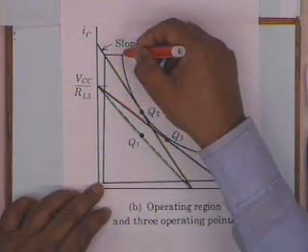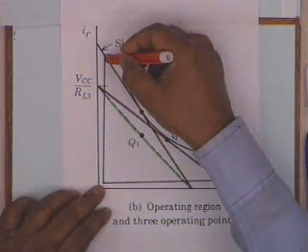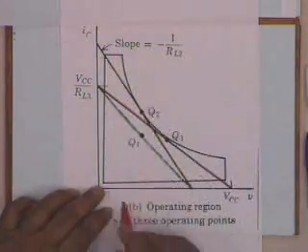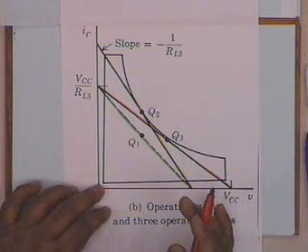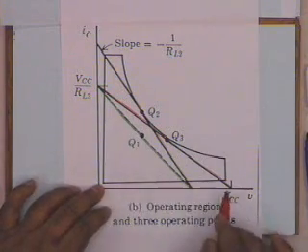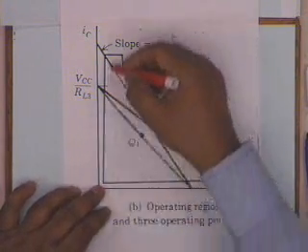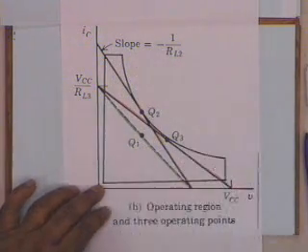Who sets this vertical? Maximum current. And who sets this? Saturation region. You notice that this is slightly tilted. Why? Because the collector current changes with VCE slightly. This is also slightly tilted. That's because the saturation region is also slightly tilted.